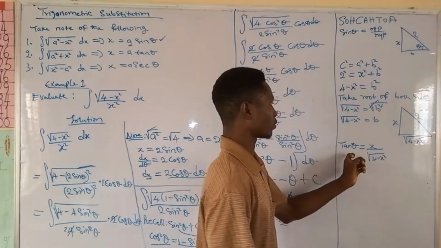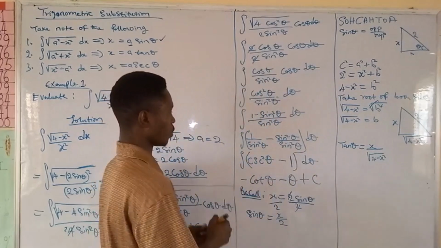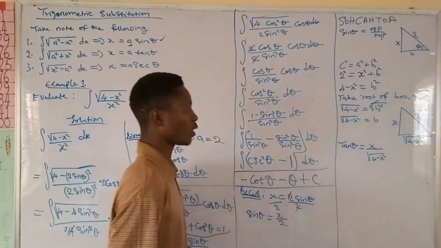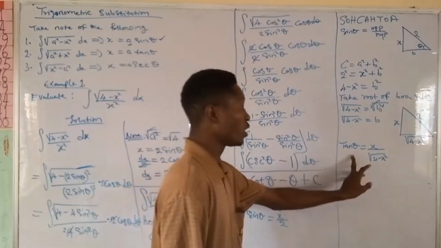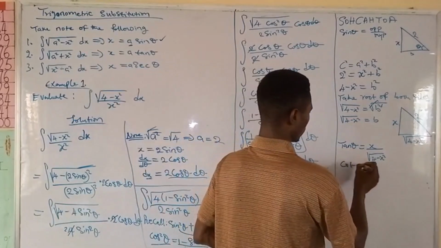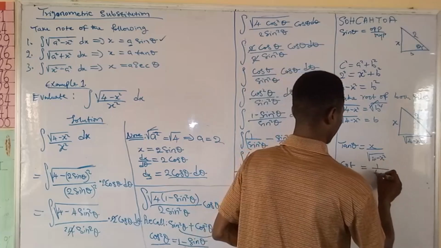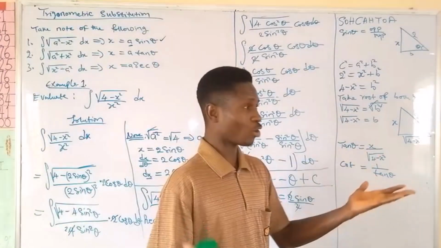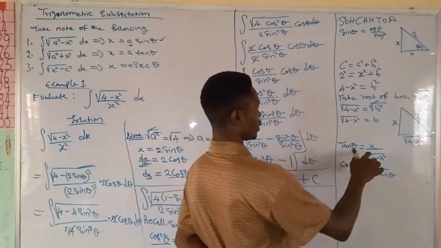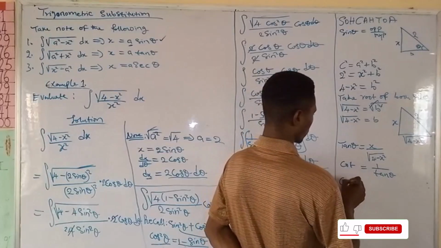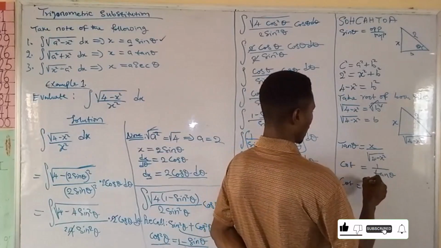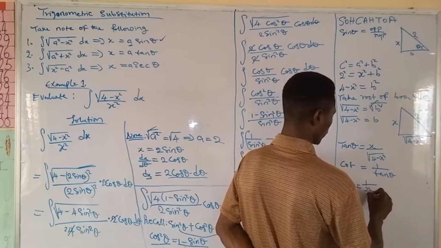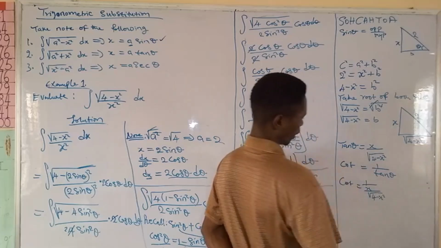Fine. But now, tan is not looking like what we have here, because what we want to do is this. So how do we solve this? Well, we know that cot is the reciprocal of tan. That is, cot is equal to 1 over tan. So thank God we are here now. So how do we do this? We simply say that cot is equal to 1 over tan, which is x over root 4 minus x squared.